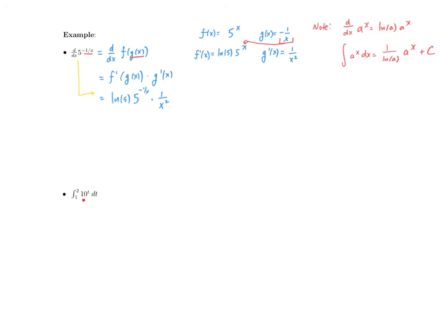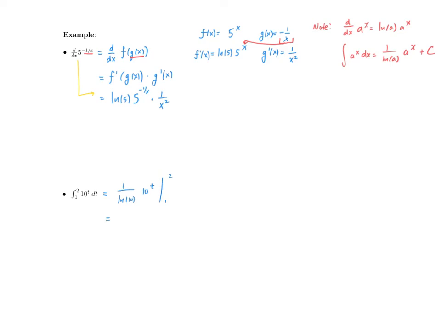For this second example, we can directly apply the fundamental theorem of calculus as long as we know an antiderivative of 10 to the t, which we get using our new formula. An antiderivative of 10 to the t would be 1 over natural log 10, times 10 to the t, and by the fundamental theorem of calculus, we evaluate from 1 to 2.